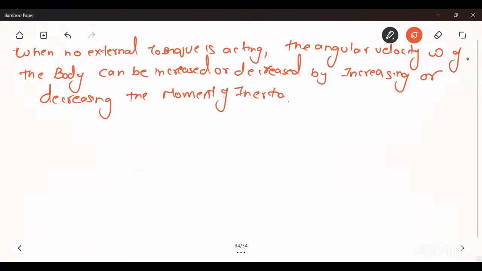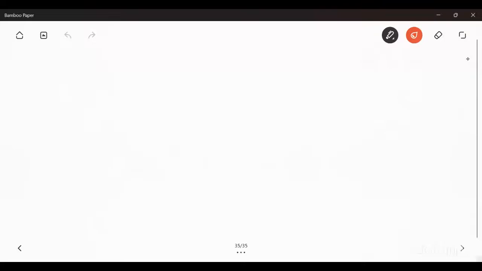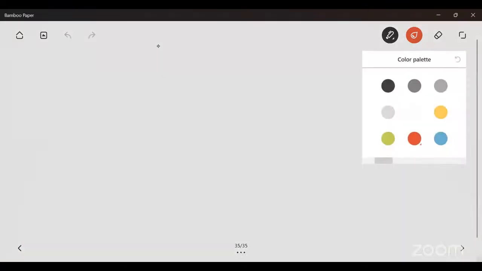Okay, that was the important part. Now next are two important theorems: the theorem of perpendicular axis and the theorem of parallel axis. First is the theorem of perpendicular axis. So what does this theorem tell us?